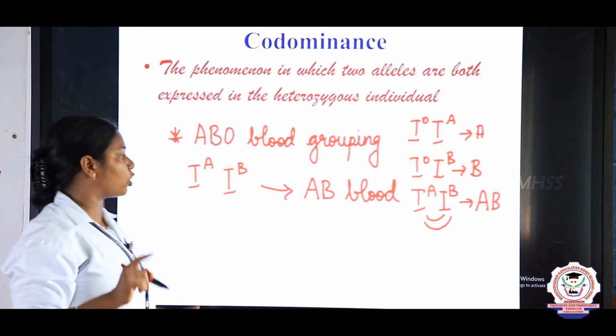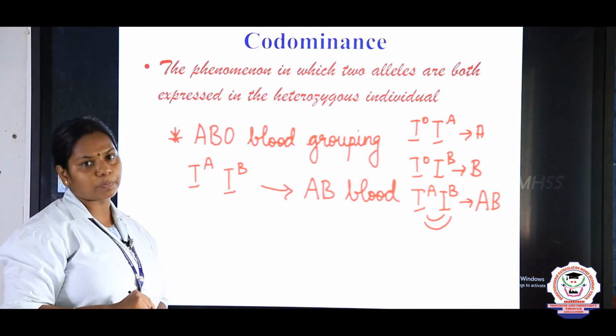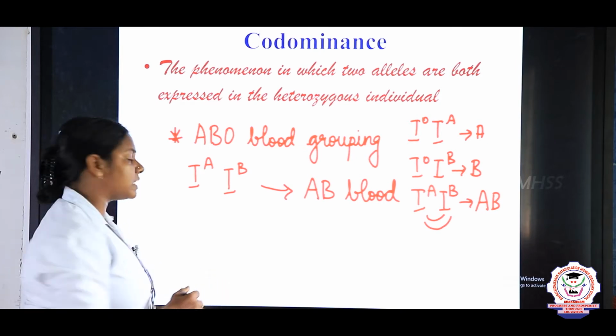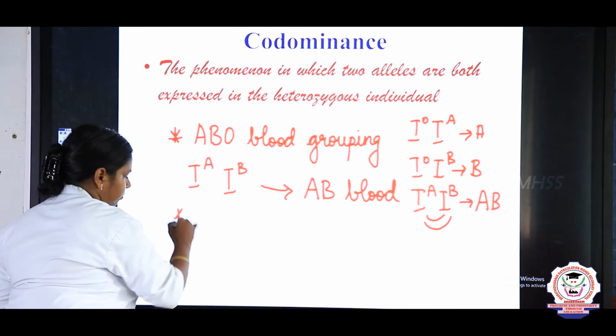So the example of codominance is ABO blood grouping, and another example is sickle cell anemia.